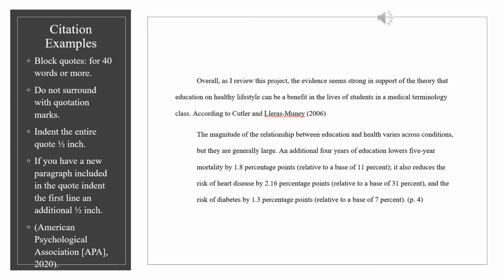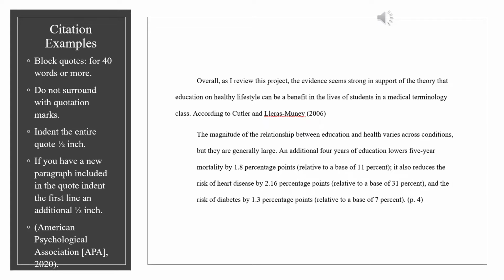Now, if you happen to have a second paragraph in your quote, you would start that second paragraph on a new line and indent the first line an additional 1/2 inch. And then you would go back to what you see here in the example.